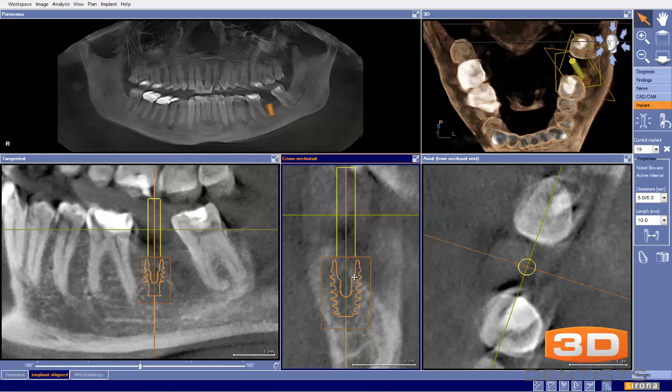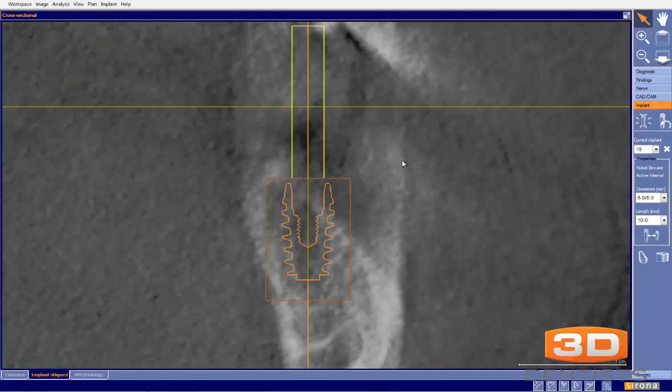What I evaluate for that is, one, how much of the implant is exposed, and here we can see not very much. And two, will the implant be stable? In other words, is the implant going to be stable in bone? And we can see that nearly 80% of this implant is actually in the bone and stable.